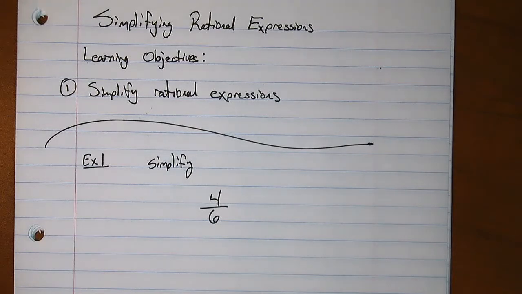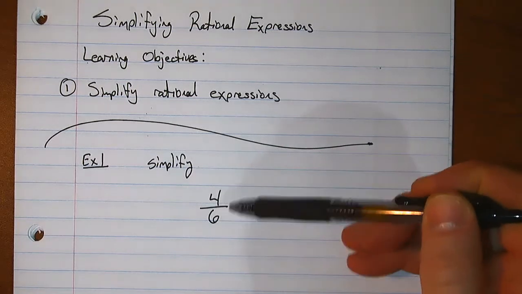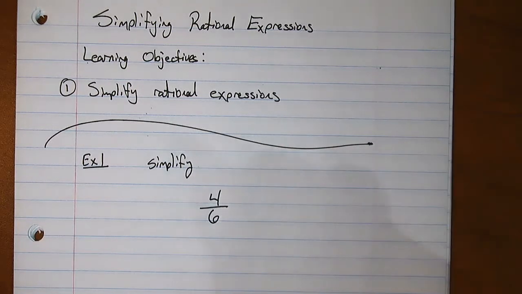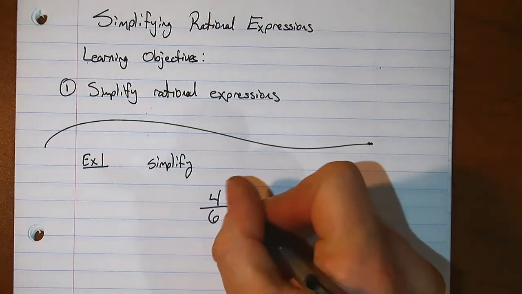Okay, so hopefully you paused the video and you did that problem, and hopefully you got the answer of 2/3. That is the right answer, 2/3. The way most of us would do this problem, myself included, this is what I would have done, I believe, is I would have looked at these two numbers and said, hey, these can both be divided by 2. And so in my mind, I wouldn't have written this, right?